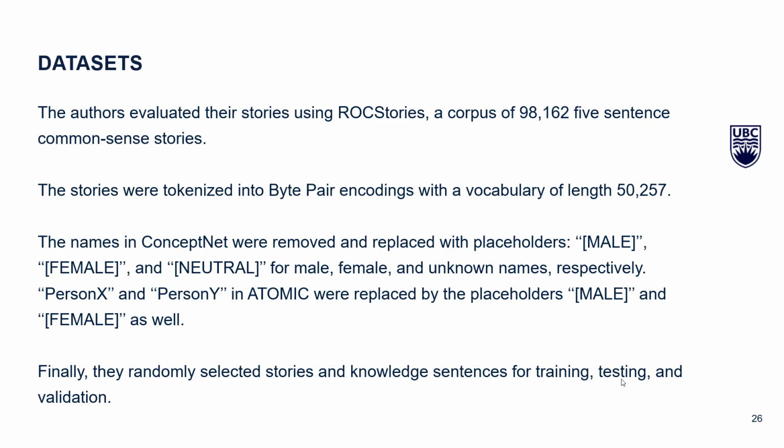The stories were then tokenized into byte pair encodings with a vocabulary of over 50,000. The names in ConceptNet were removed and replaced with placeholders, and in Atomic, the person X and person Y were replaced with placeholders as well. Finally, they randomly selected stories and knowledge sentences for training, testing, and validation.